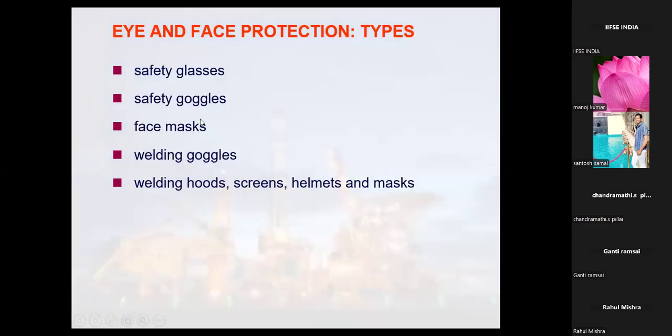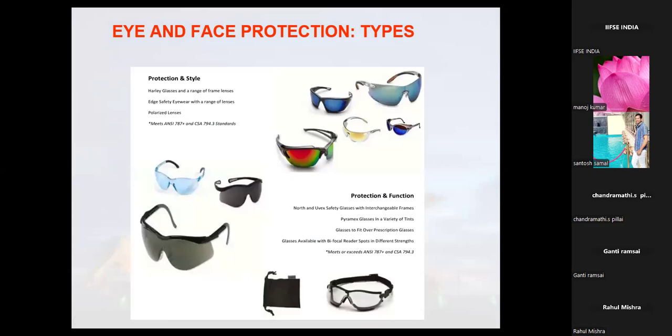Then types of face and eye protection: you have safety glasses, safety goggles, face masks, welding goggles, welding hoods, screen helmets, and masks. Here you can see different types of eye protection.